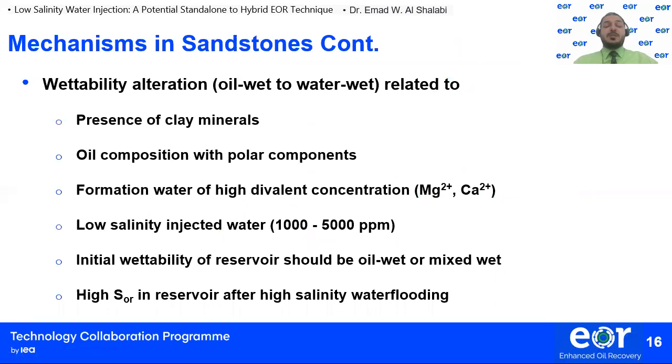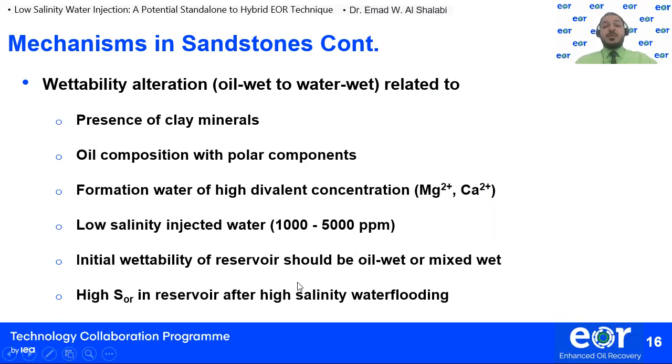However, if we need to talk about the wettability alteration mechanism in sandstones, then there are several factors that lead to this incremental oil. Presence of clay is important. Oil composition, and especially having a total acid number, becomes important. Formation water should be rich in divalent ions, magnesium and calcium. And the low salinity water injection level, as I said previously, should be between 1,000 to 5,000 ppm.